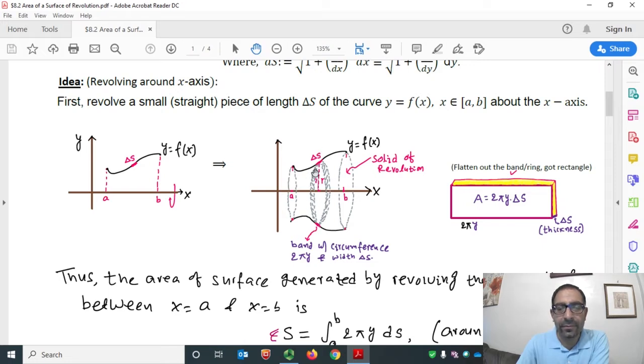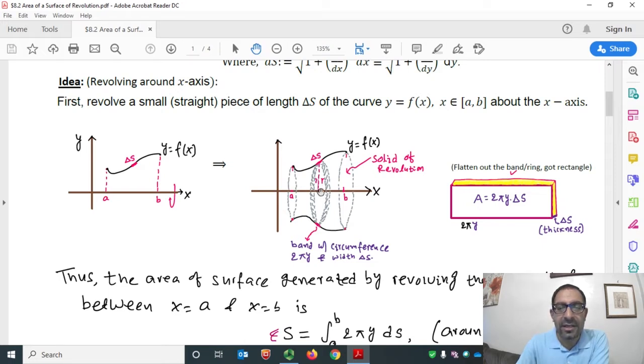In the third diagram, let's cut somewhere and flatten out the band, and this gives me this rectangular shape here. Now let's find the area of this rectangular shaped band. Back in the second diagram, on that band, what is our circumference? The circumference is 2 pi times the radius. What is my radius here?